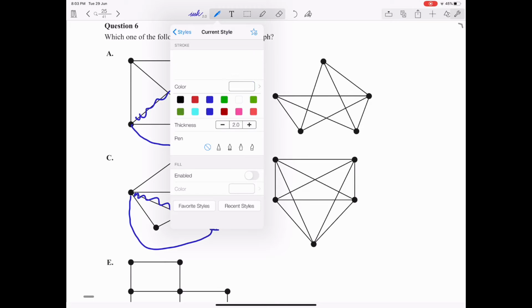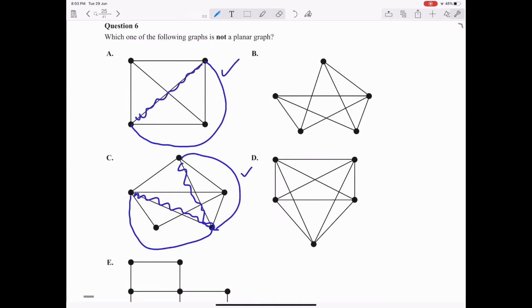For option B, if we move these edges, if we get rid of these edges, if we replace these edges with a vertex over here, and therefore we know that that's connected, that's connected, and that is also connected.